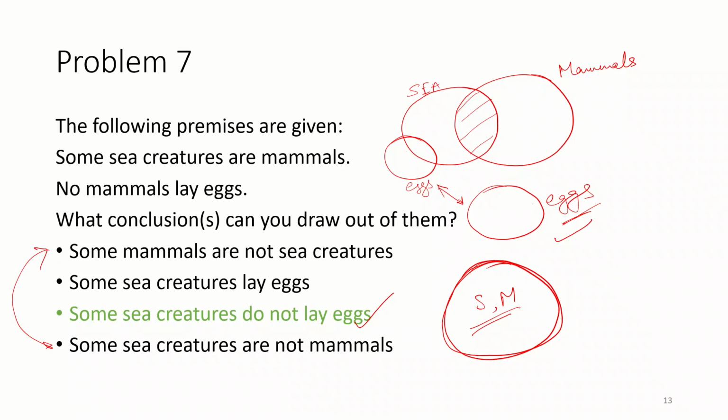Sometimes it can superimpose all the sets. Sir, then option 1 and 4 is also the same as statement 1. Some sea creatures are mammals, that means some sea creatures are not mammals. Yeah, that's why the vice versa is also true. That will be perfect when both the sets are together, like this condition.